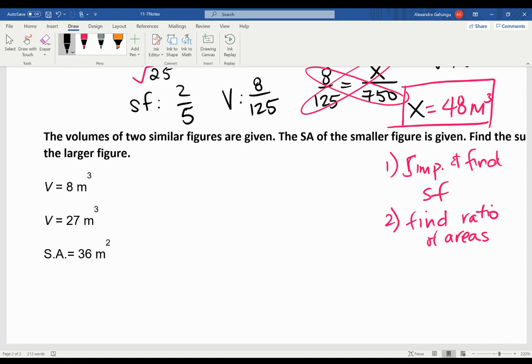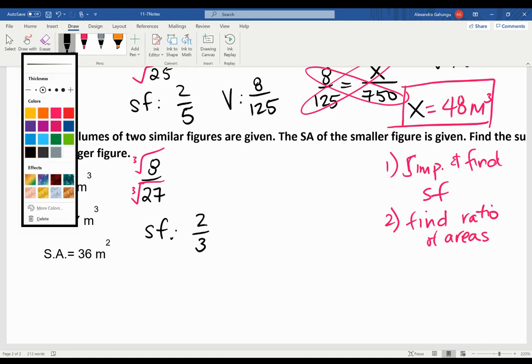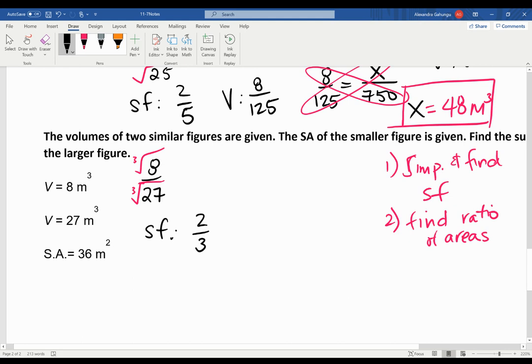So here we go. I've got 8 over 27. Is that simplified? Yes, it is. So to find the scale factor, I'm going to need to take the cube root, because it's volume right now. 2 over 3. Then I got to go, okay, that's my scale factor.